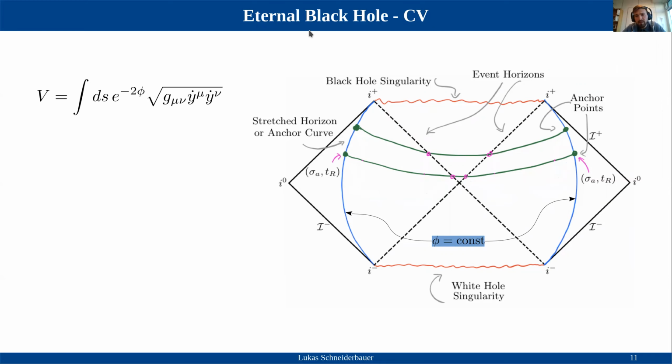So now there is the question: in 2 dimensions, what is actually the volume? Usually a volume is a codimension 1 hypersurface. So in 1+1 dimensions, that would mean we just have a 1-dimensional curve which we have to extremize.